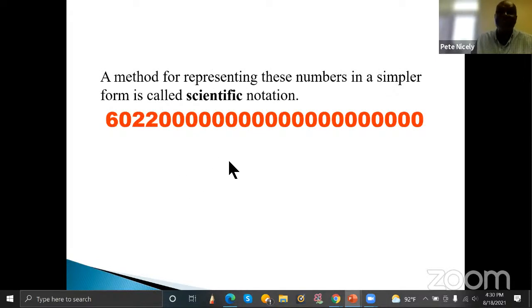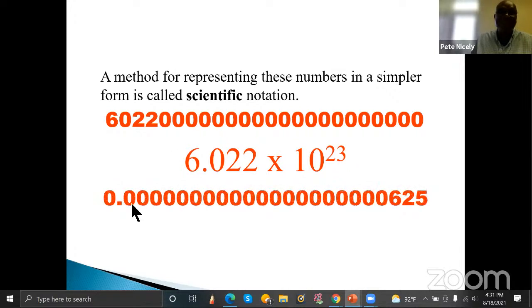So just to give you an example of how we express this number in scientific notation, this number, as you can see, several digits long, can be expressed more concisely like this, all right? So these two are basically representing the same value, all right? But as you can see, this is a more concise way of expressing it. On the other hand, if you look at the second number, a very, very small number, again, you have 0, a decimal point, and then a long string of digits right here.